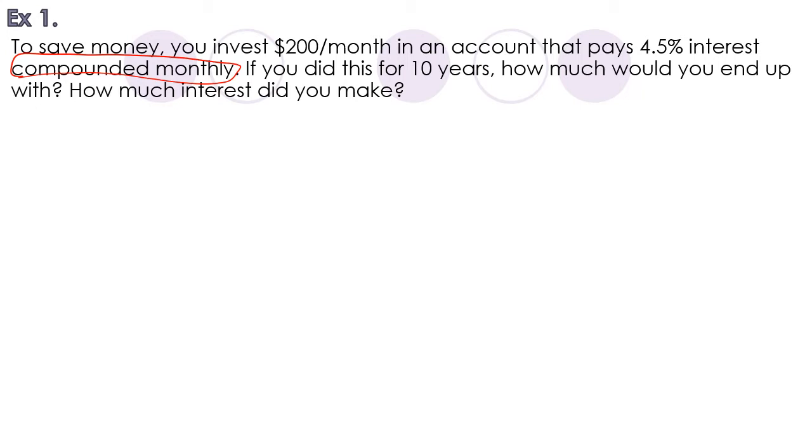You're going to see something where you're paying into something on a regular interval, and we have that. To save money, you invest 200 bucks a month. As soon as you see you're not investing a lump sum, but you're investing an amount of money per interval of time, in this case month, your mind has to go to the annuity formula.